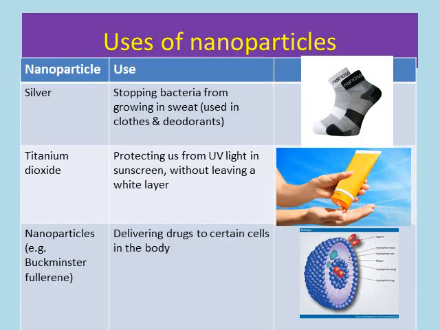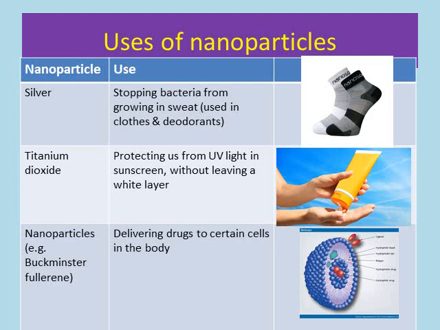So here we have a few examples of that. So silver, on a normal scale, it doesn't do this, but when it's on a nanoscale, it can stop bacteria from growing. So it ends up being used woven into fibers of clothing and also in deodorants to stop bacteria from growing under your armpits.